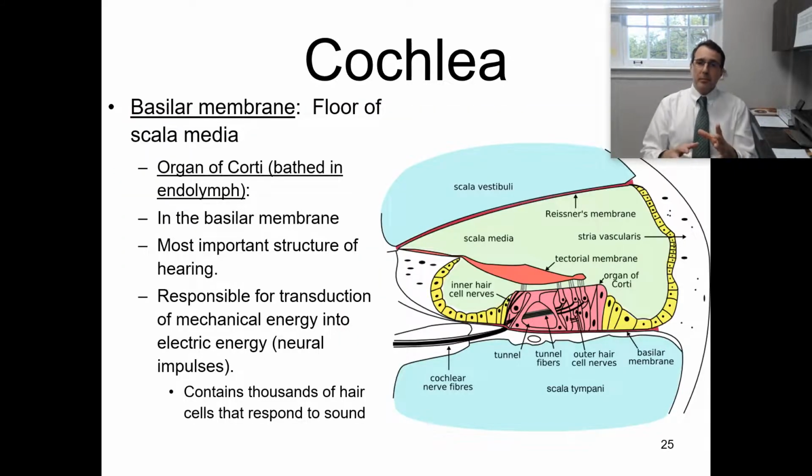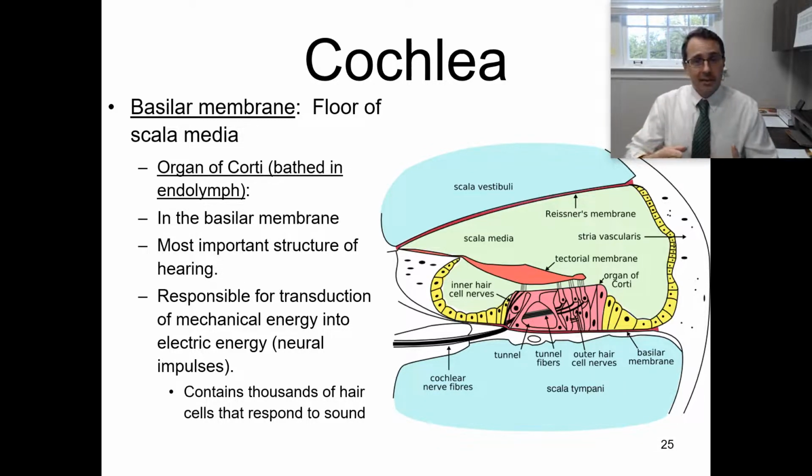So, what we're saying is the outer ear collects acoustic energy. The middle ear takes that acoustic energy and turns it into mechanical energy and delivers that mechanical energy to the cochlea.